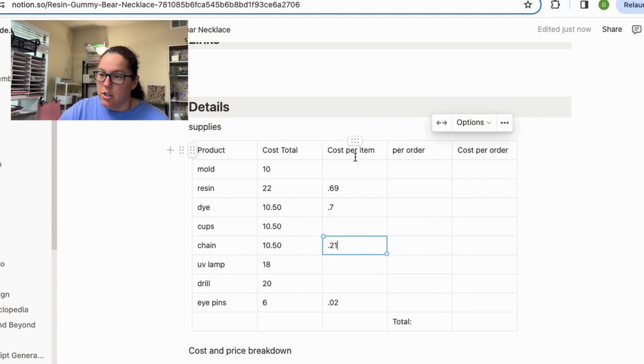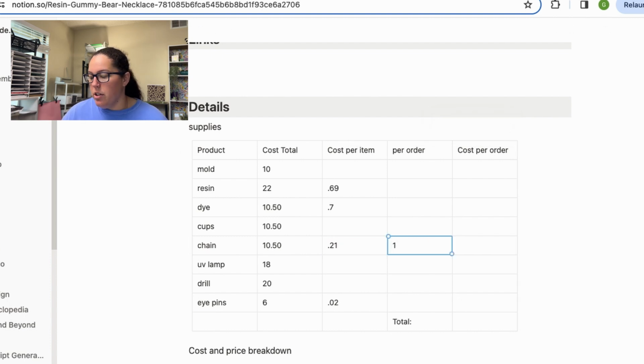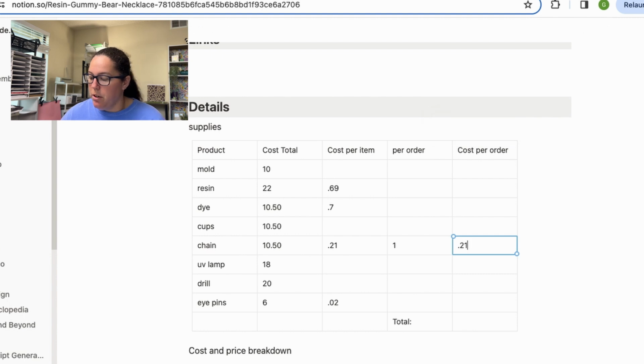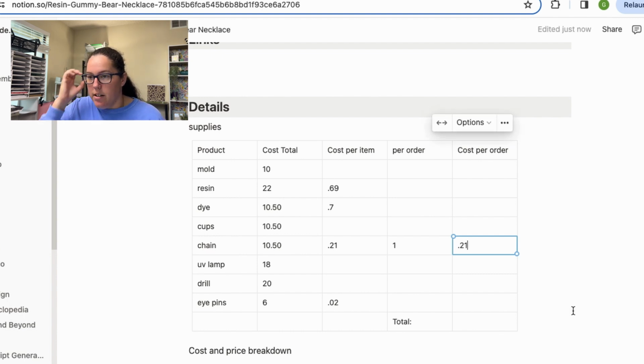So the chains are really easy to do that with. Per order we use one chain, which means the cost per order is going to be 0.21, so 21 cents. And so that's where it becomes difficult, because for the molds, it's $10 and it has, what was it?